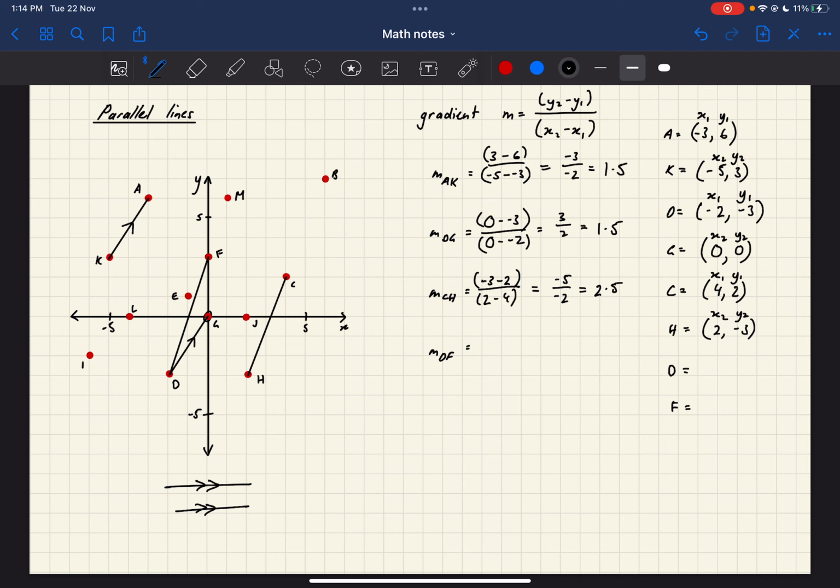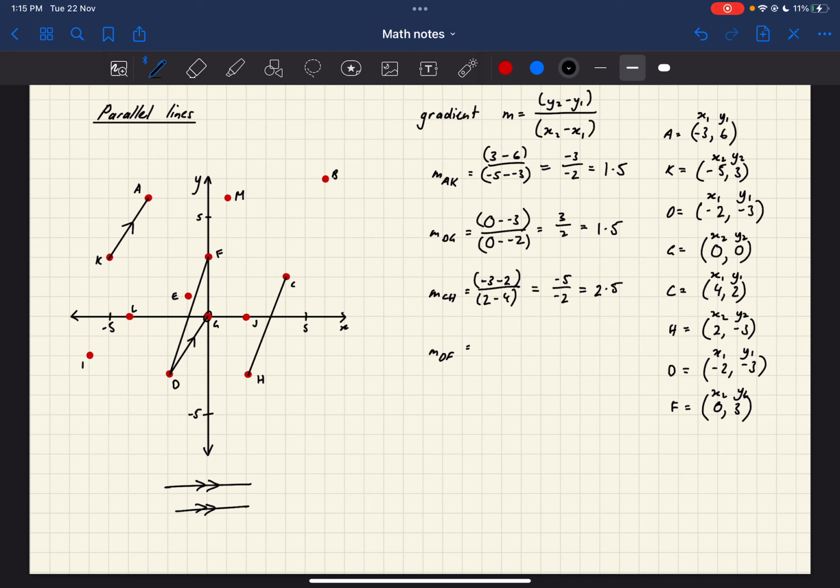And then we've got D and F. We're going to find out if this is the same gradient as CH. So D, we've got negative 2, negative 3, and F, we've got 0, 3. Now these look like they might be parallel, but we're not sure yet. So let's find out. x1, y1, x2, y2.